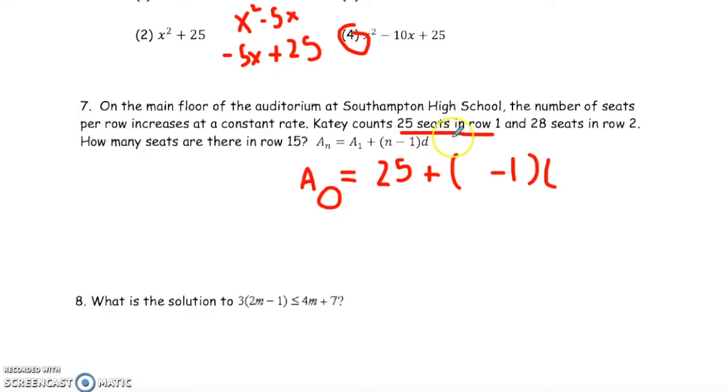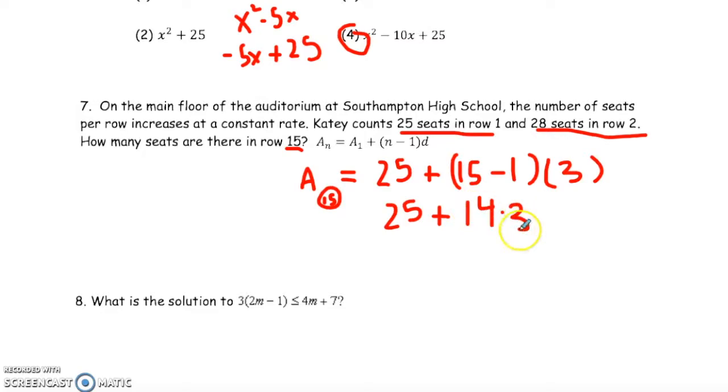Now, what's our pattern? If it's 25 seats in row 1 and 28 seats in row 2, that means my pattern is going up by 3. And it says how many seats are there in row 15? So right here, we're putting 15. We just have to do this simple arithmetic. That's 25 plus 15 minus 1 times 3. So this is 25 plus 14 times 3.